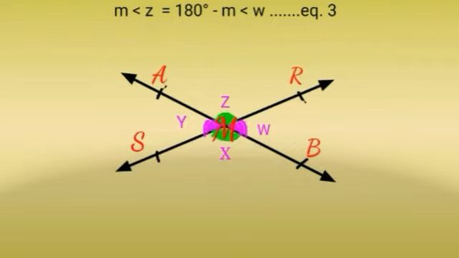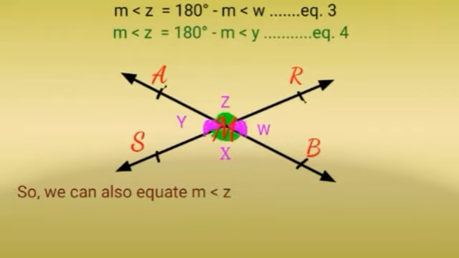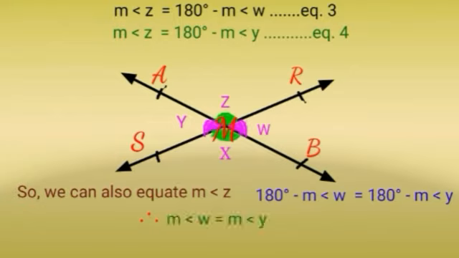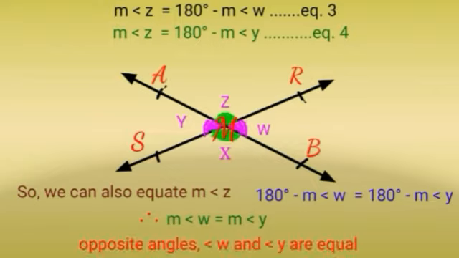Now consider equation 3 and equation 4. Measure of angle Z is equal to 180 minus measure of angle W, and measure of angle Z is equal to 180 degrees minus measure of angle Y. So we can equate them: 180 degrees minus measure of angle W is equal to 180 degrees minus measure of angle Y. Therefore, measure of angle W is equal to measure of angle Y. Opposite angles W and Y are equal.